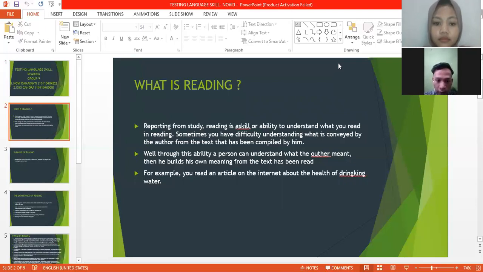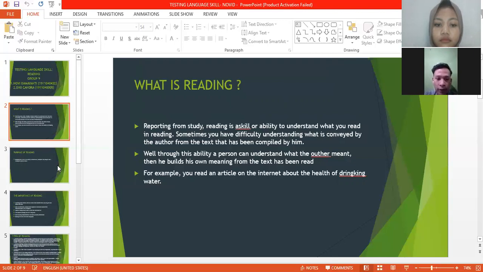Well, through this ability, a person can understand what the author means. He builds his own meaning from the text that has been read. For example, you read an article on the internet about the health of drinking water.